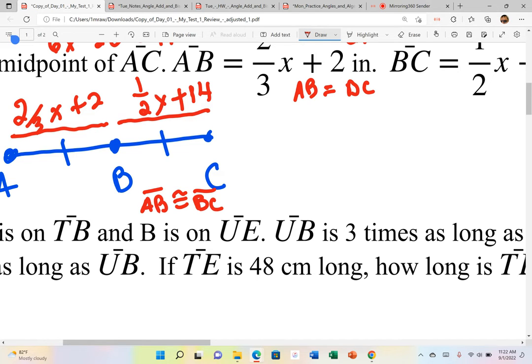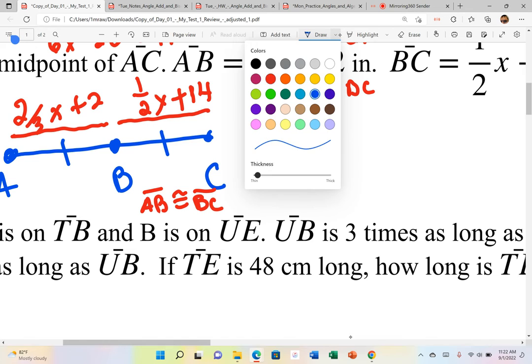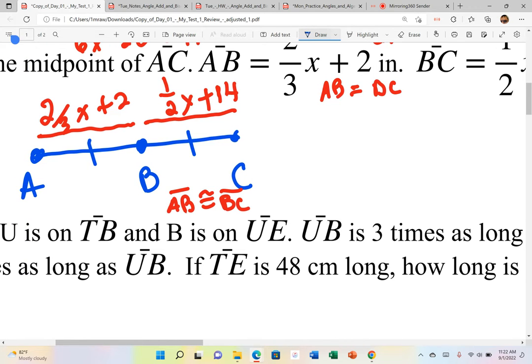So now I can go ahead and substitute those expressions that I have. So I have 2/3 x plus 2 is equal to 1/2 x plus 14. Okay? Now, a lot of you guys are afraid of fractions, especially when one has to deal with thirds and the other has to deal with halves, right?